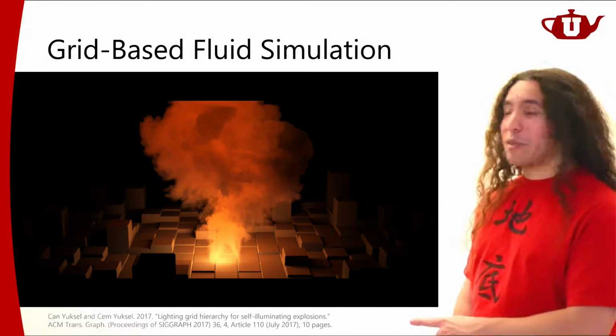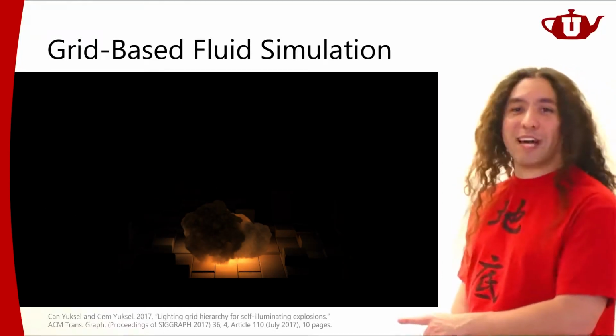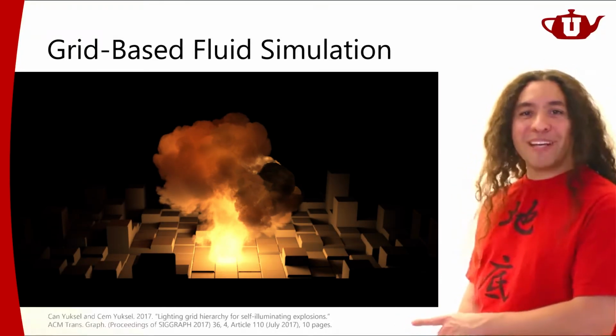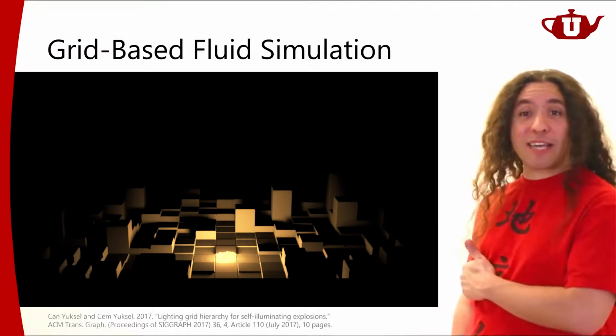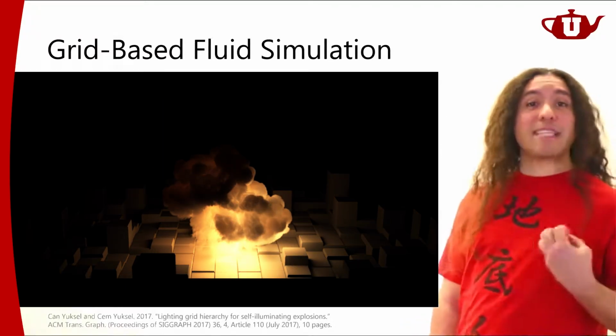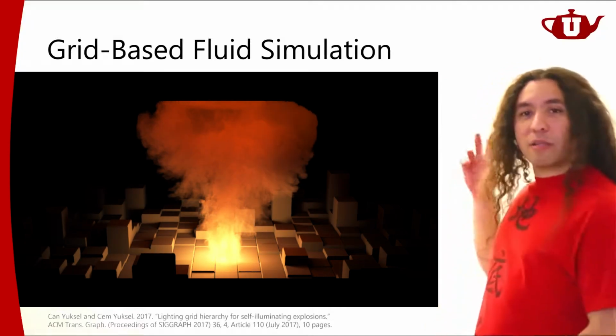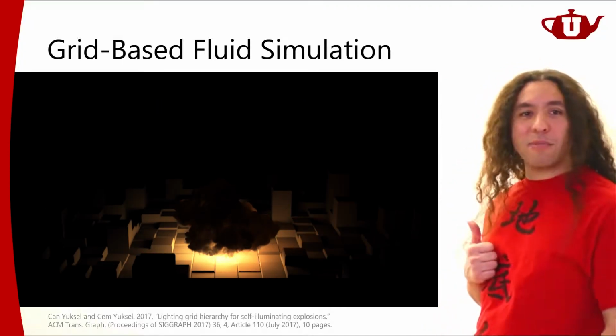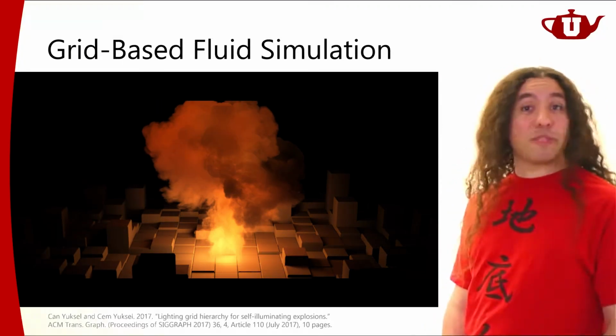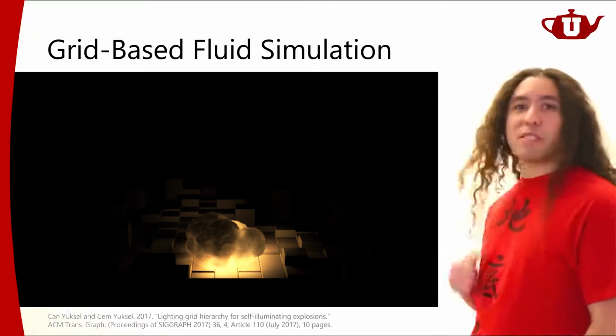This work was actually about rendering this, not simulating it. It's about efficiently rendering explosions like this using the illumination that they generate. So there's no external light source here. The entire illumination is coming from the fluid dynamics, the explosion simulation, basically.